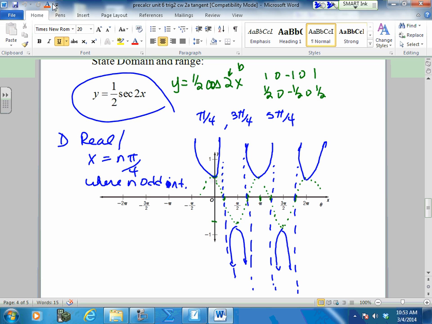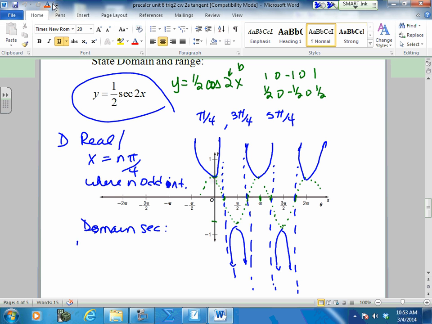Now, the other way is this. Remember that sheet that I gave you that had all the reciprocals and all the domains? This is when that comes in handy. Look at the domain for your secant. What is the domain for your secant? That we did yesterday.